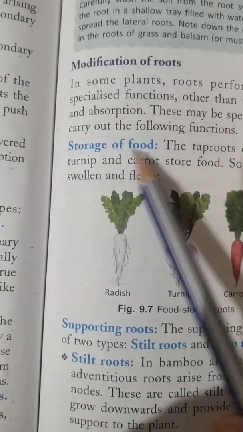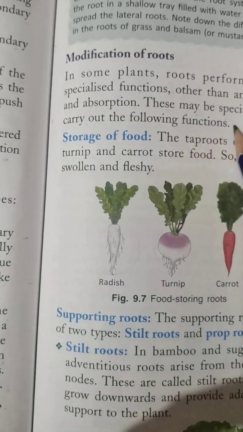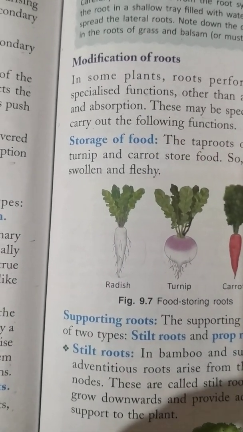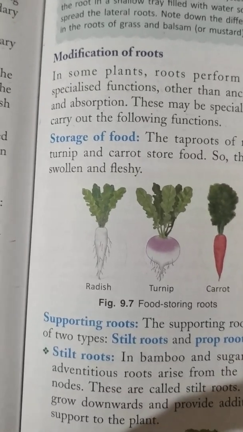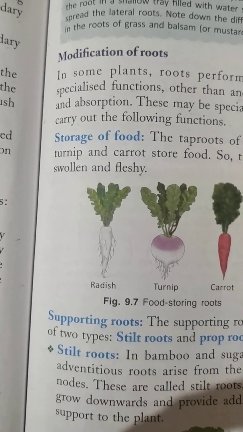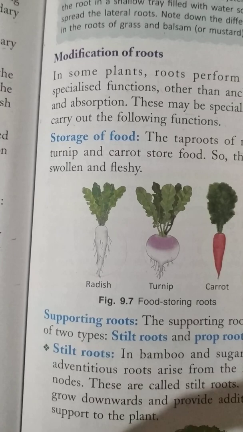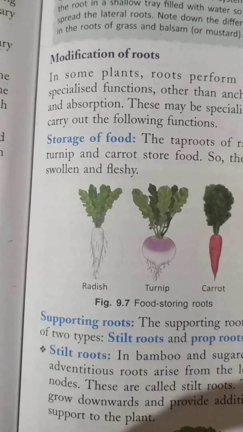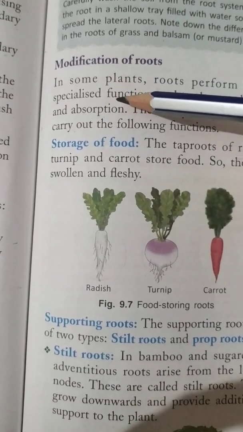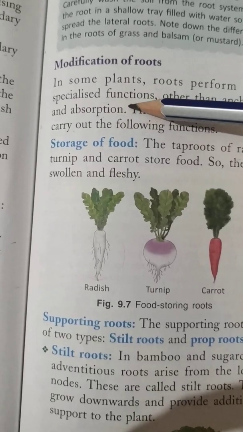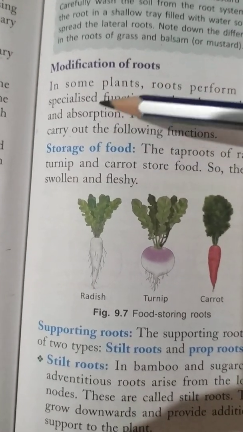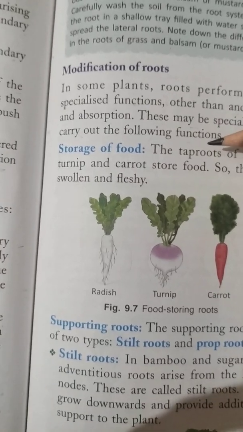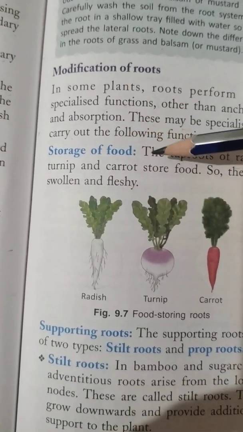These may be specialized to carry out the following functions. Basically, we discussed in our previous lecture that the main function of the root is to anchor the plant or to fix the plant into the soil, and they also help in the absorption. But except these features, root also help in some other functions like storage of food.